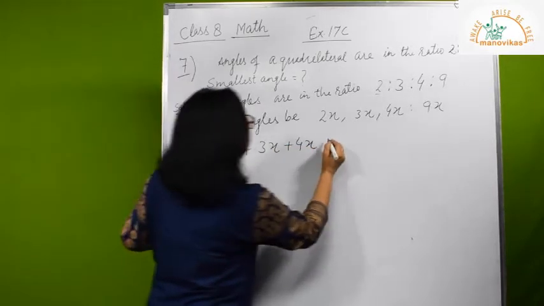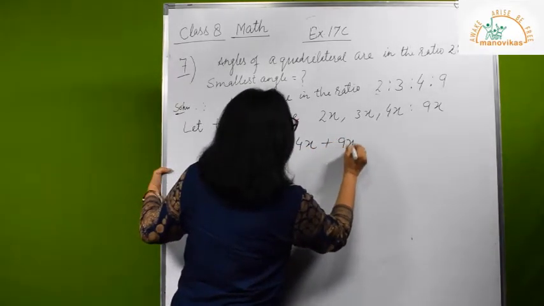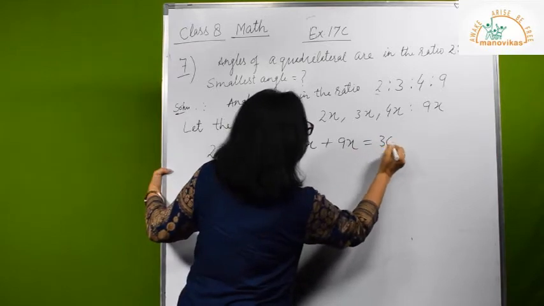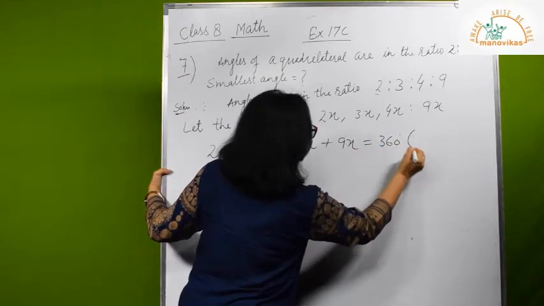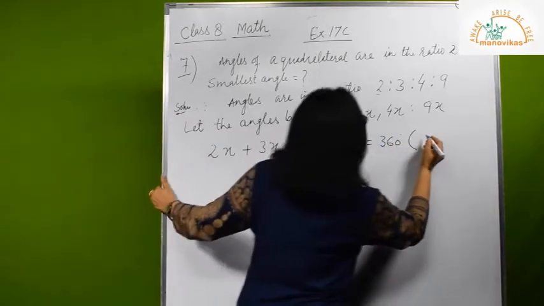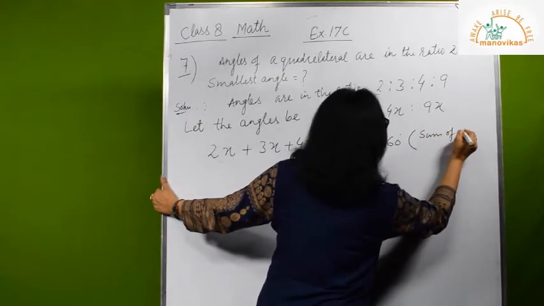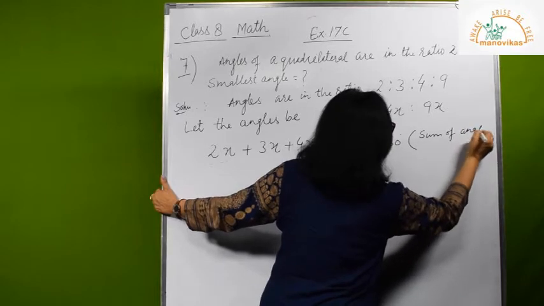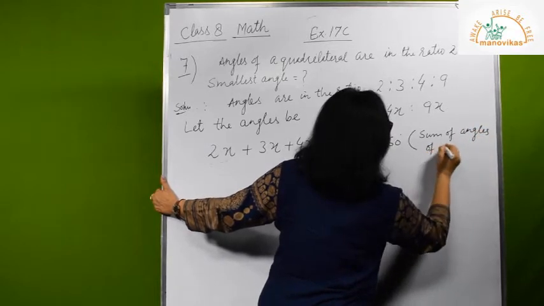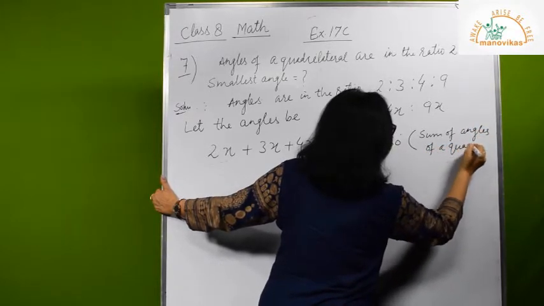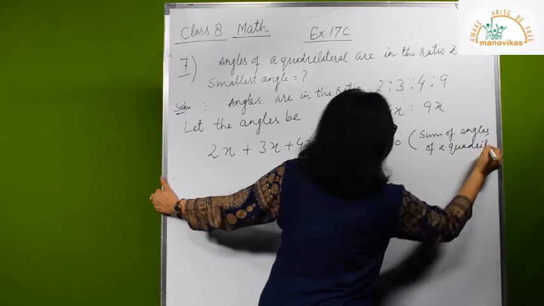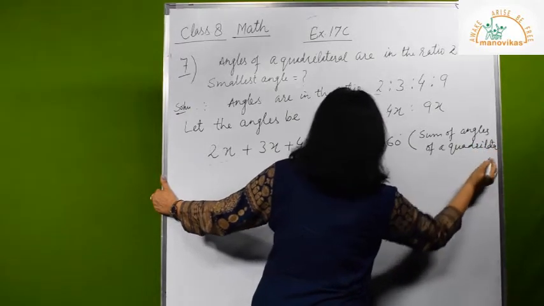So add all the angles and the sum is equal to 360 degree. Reason: sum of angles of a quadrilateral. You know the reasons are important, mandatory.